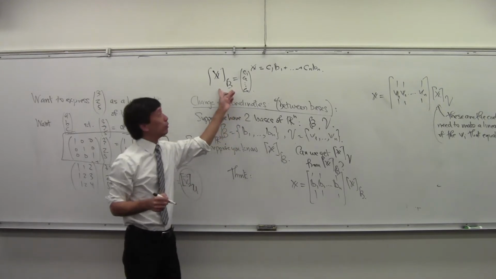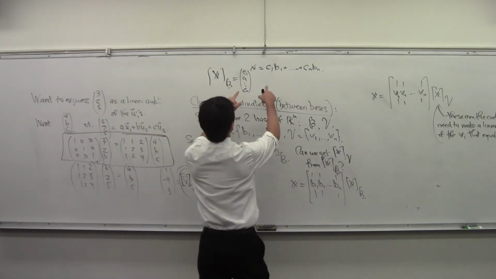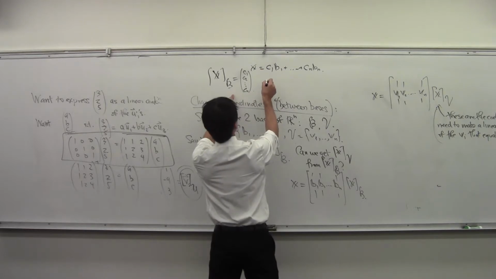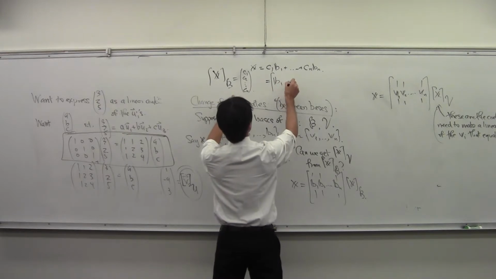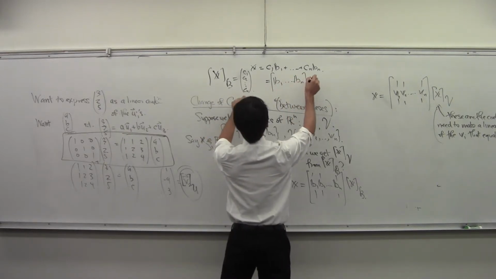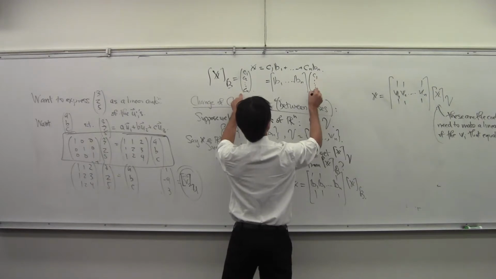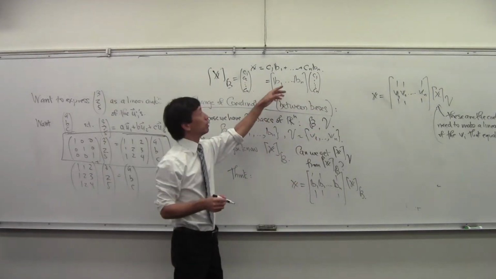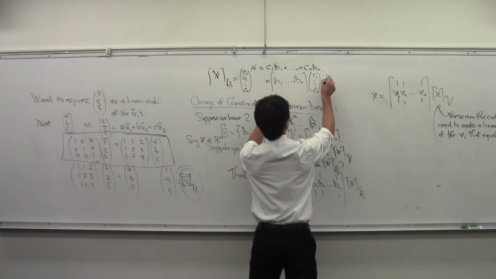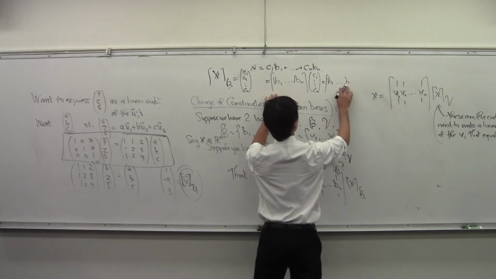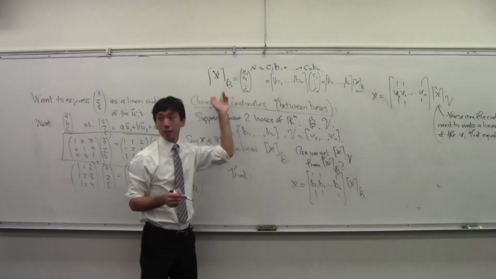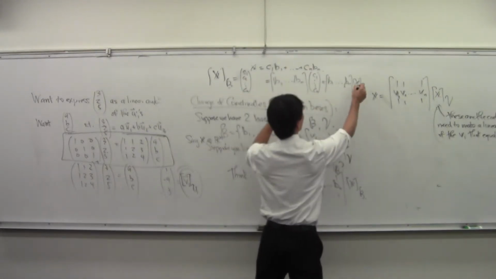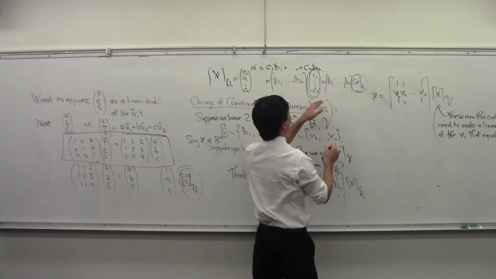So x is this times c1 through cn. In other words, it's this thing times the coordinate vector with respect to V. I'm just substituting it in.